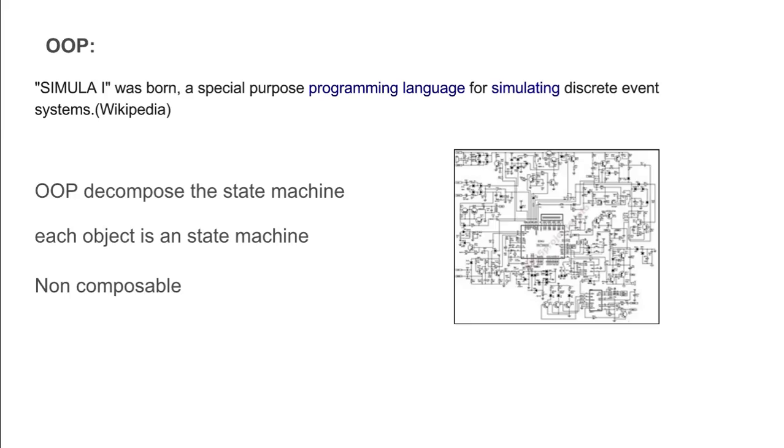Because OOP decomposes the big state machine into small state machines, each with its own state. So this becomes more manageable because we have many small state machines that communicate between them.